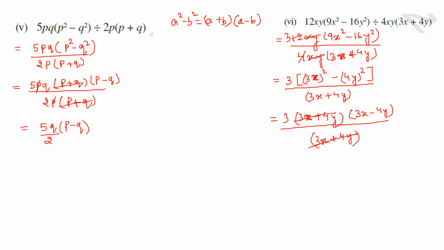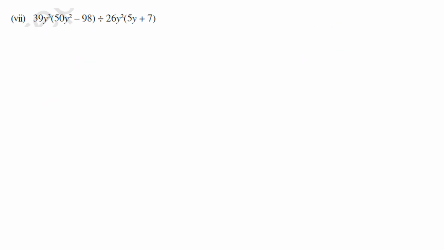Now I can cancel it out. So I am left with 3 times 3x minus 4y. So this is the answer for the sixth question. Now this question is having one more question, question number 7. So let's do this fast.